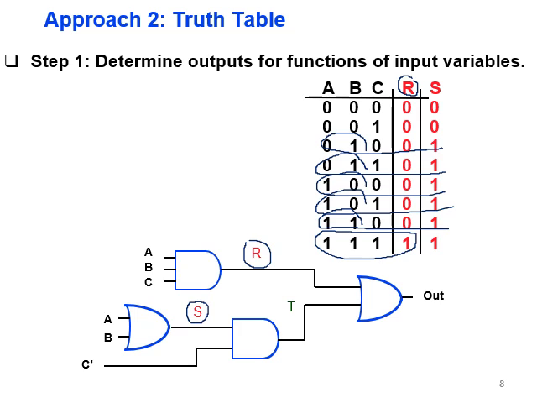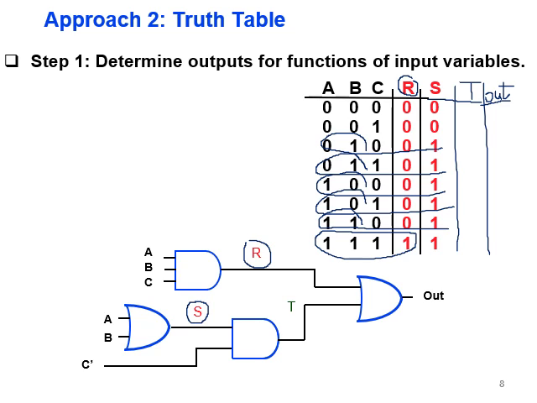Now I found S. Now I have R and S, I add T here, and I start completing to find T. I have T, I have R, then I add here the output. You see?